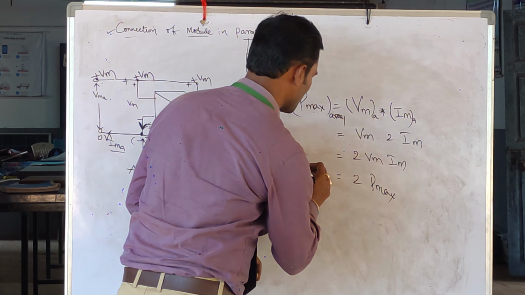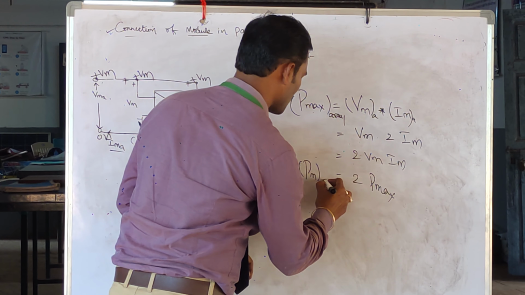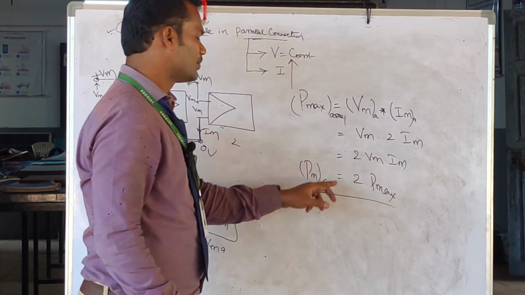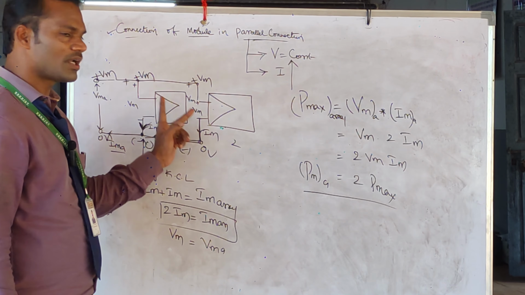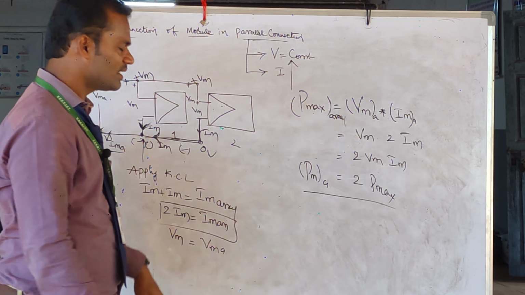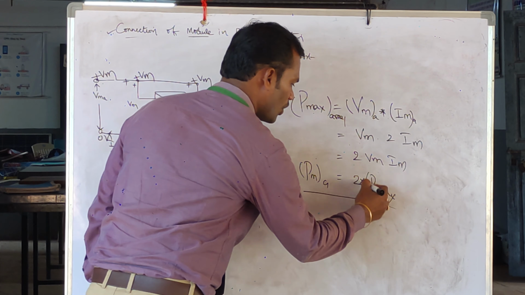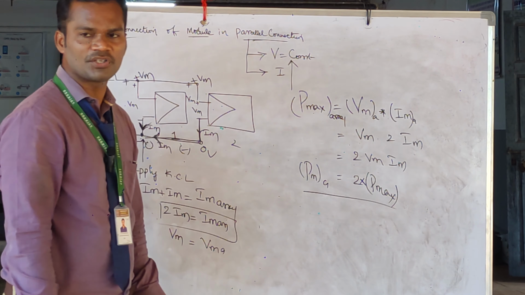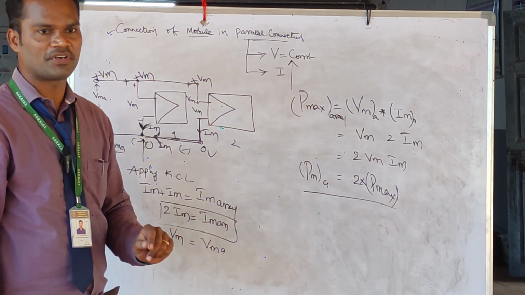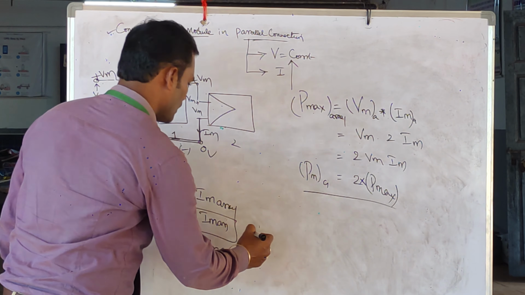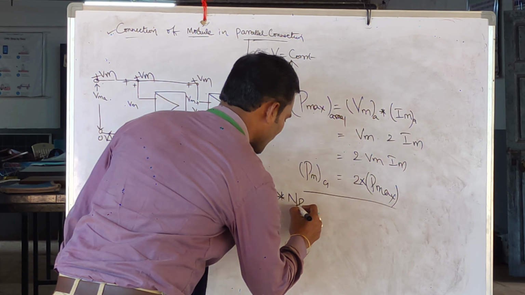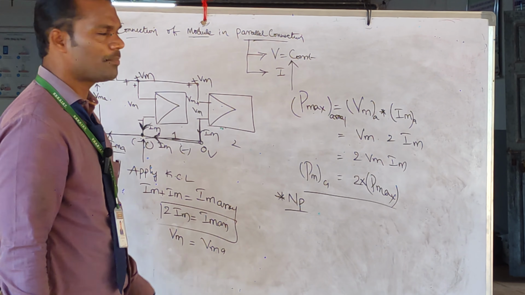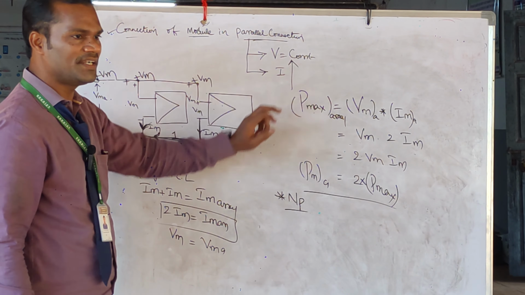So the formula we get is that the maximum power of the array is equal to 2 times the maximum power of a panel. So when you connect 2 solar panels in parallel connection, the power is increased how many times? 2 times. Let's try to calculate how many panels are to be connected in parallel. In a parallel connection, what is increased? Current is increased.